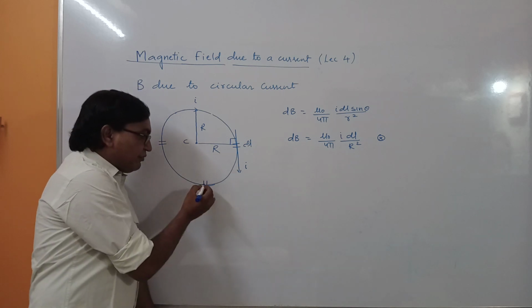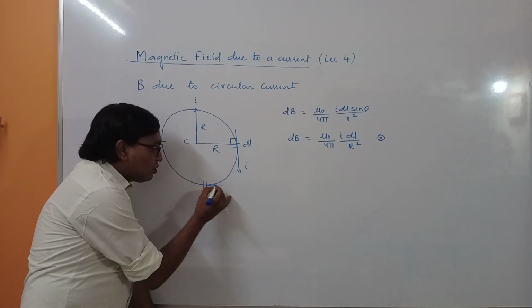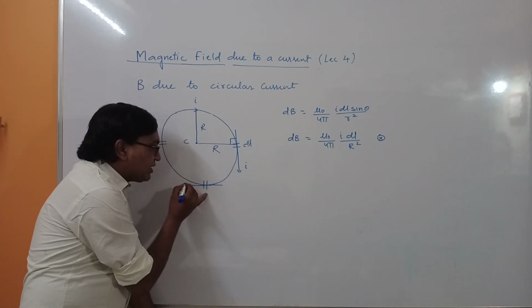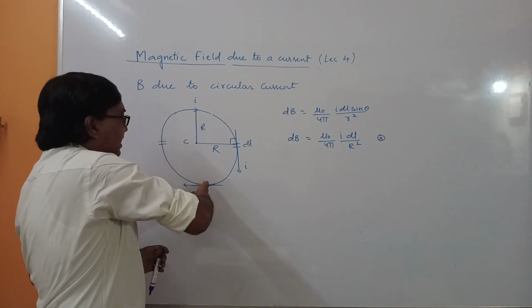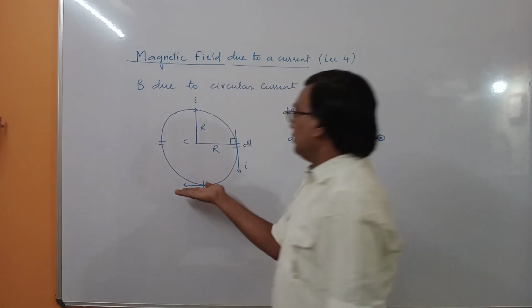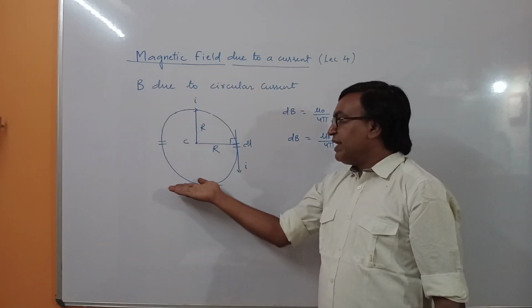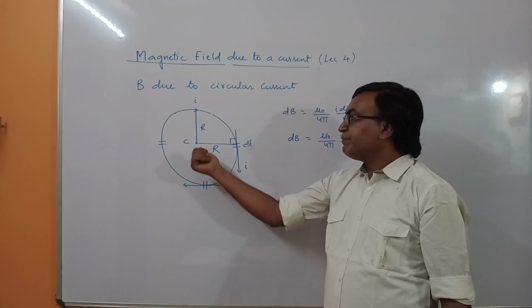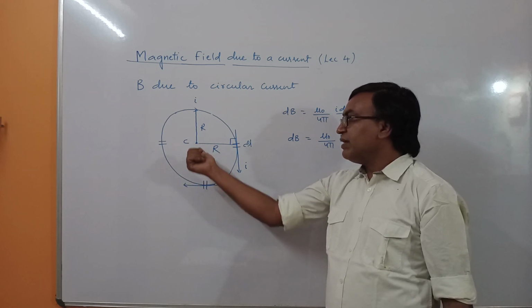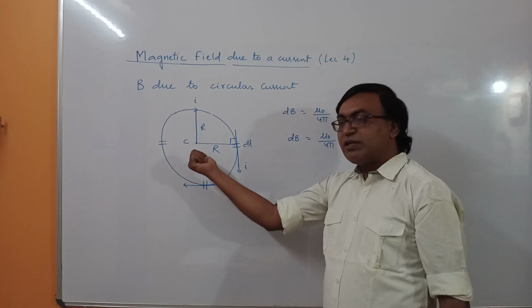Then similarly, if you take a current element here, the current element direction will be tangential, in the direction of current. Curling our fingers towards the position vector where you have to find the magnetic field, this is also inside the board.